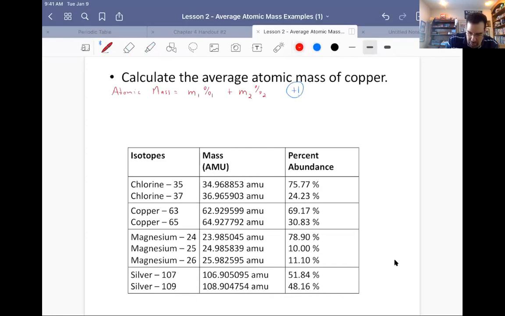The second thing that we want to do is substitute in the masses and the percentages. So for copper 63, the atomic mass is given to us. It's kind of a lengthy number, but we are still going to substitute that in. That is 62.929599 AMU. And then the percentage, we want to be careful with the percentage.